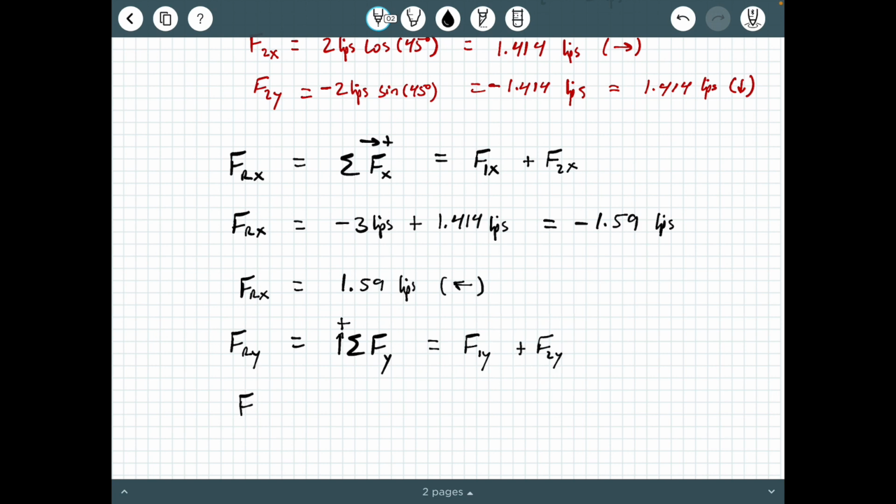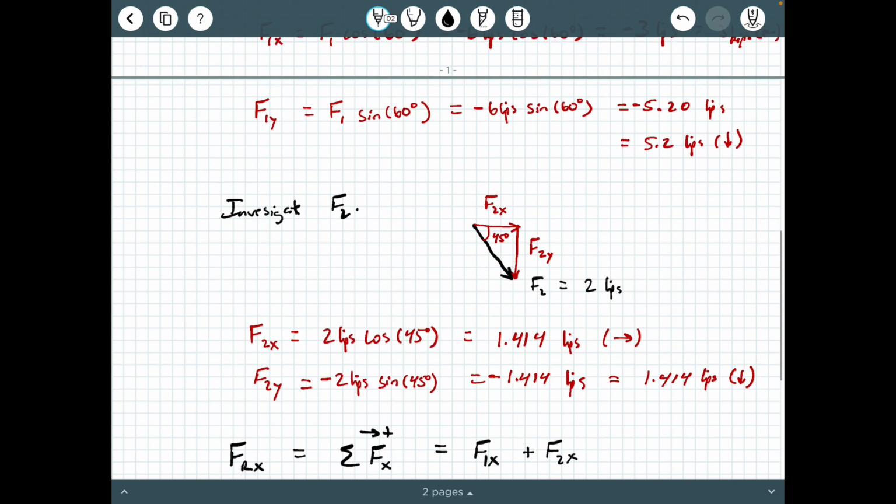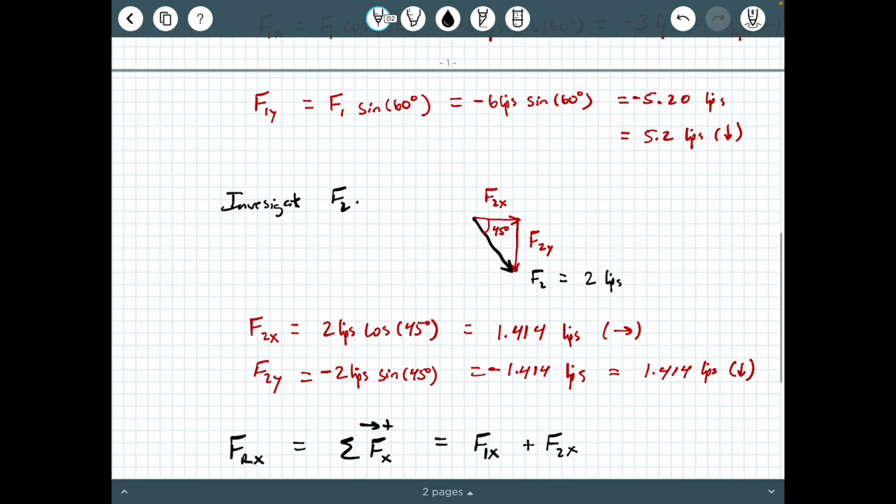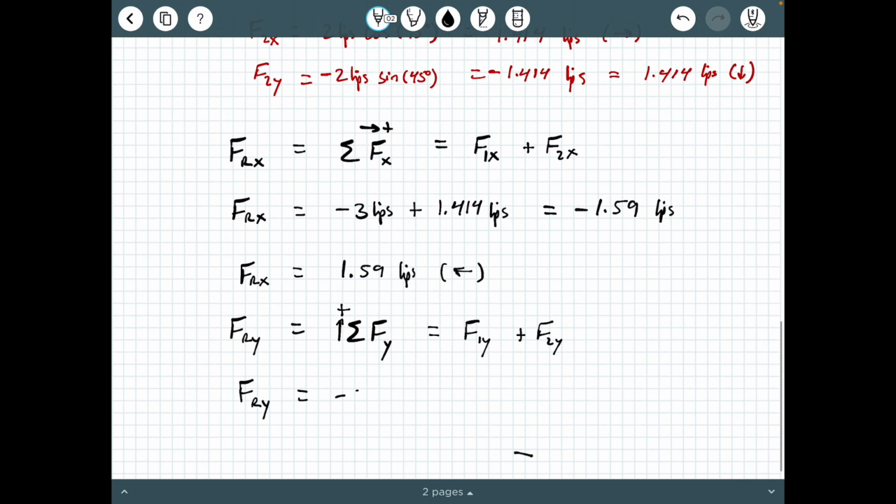And following a similar format, we're going to say FRY equals, what was F1y from earlier? Let's scroll on up and see. That was -5.2 kips. And then what was F2y? F2y was minus 1.414 kips. And so what happens when we combine these two?